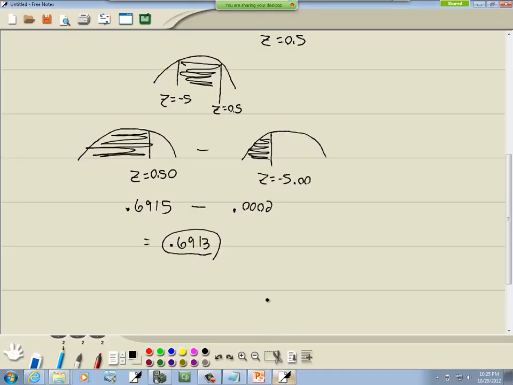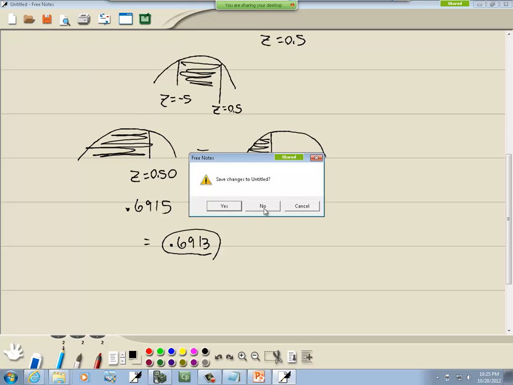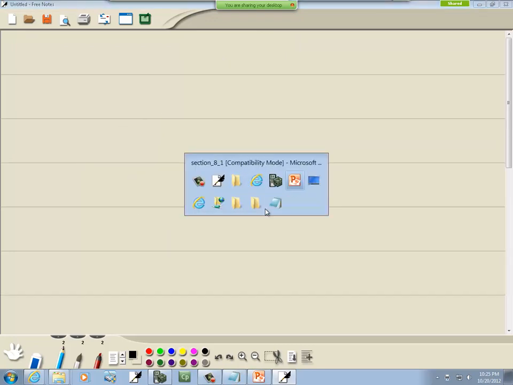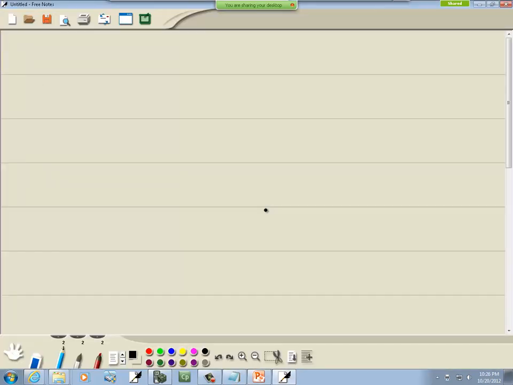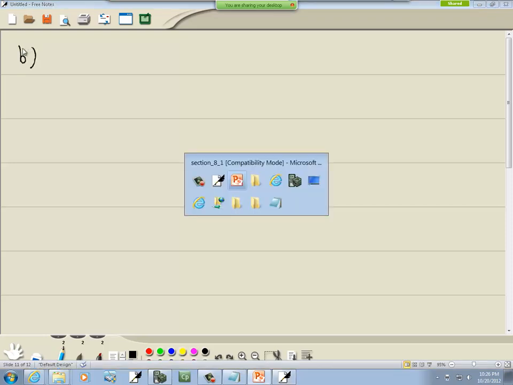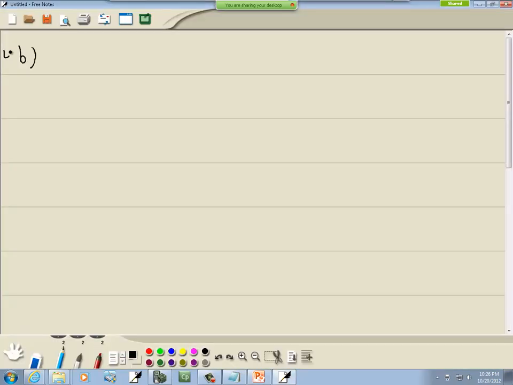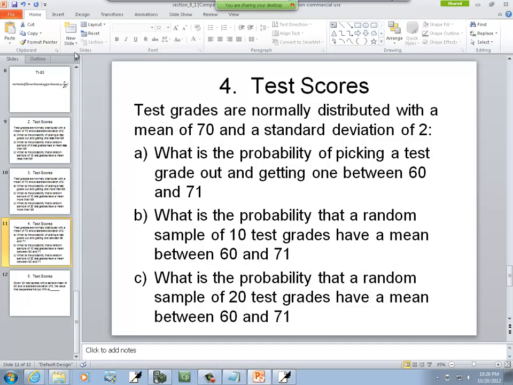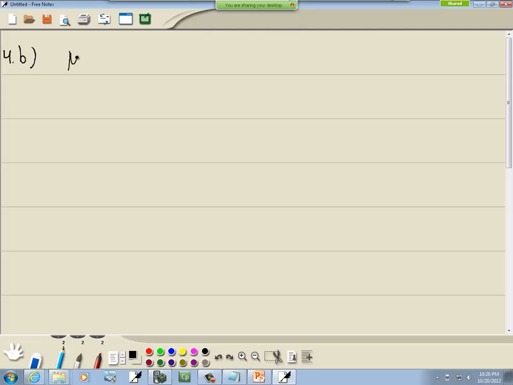And let's look at our next part, 4B. Okay, so our mean is still 70. Standard deviation is still 2. That hasn't changed.